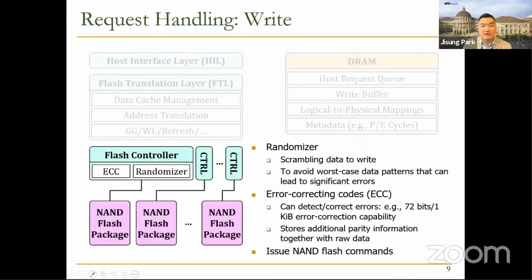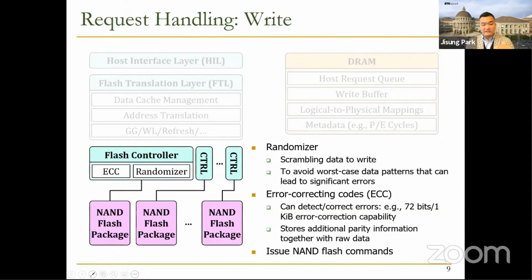But I would like to emphasize the order of ECC and randomization. NAND flash memory first randomizes all the data to be programmed, and after that it performs ECC.